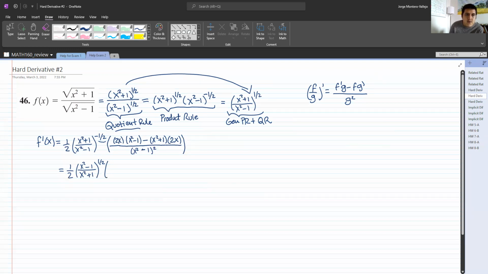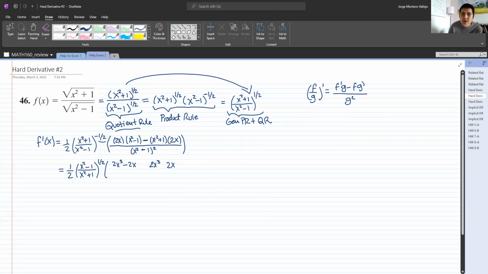So if we distribute, we get 2x cubed minus 2x, and then over here we get, what do we get? We get, again, 2x cubed, and then we would get 2x, right? 1 plus 2x. But because of this negative sign in front, I need to distribute that negative onto everything that I got here, right?